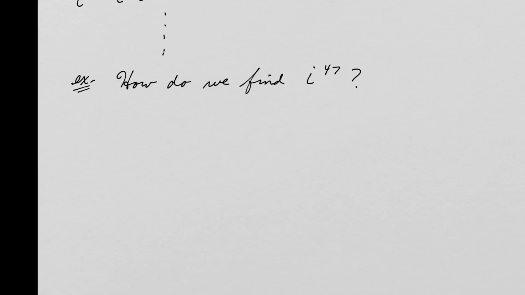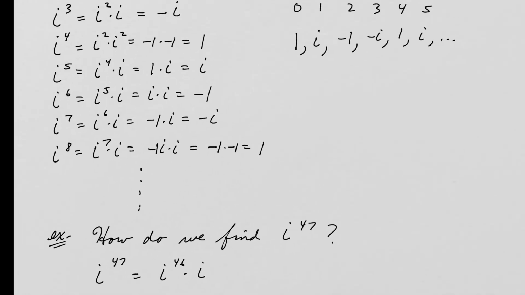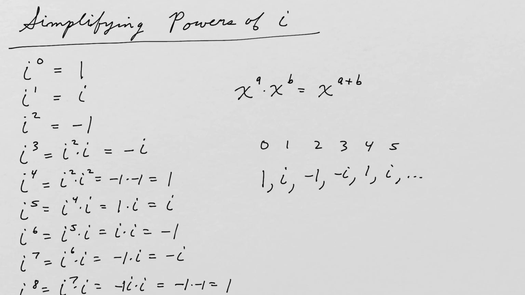Well, we could use the rules of power and try and work this out. Like we could say, well, i to the 47. Well, that's the same as i to the 46 times i. Right? Then remember another rule, you're going to need this other rule. I'll write it over here with this first rule.